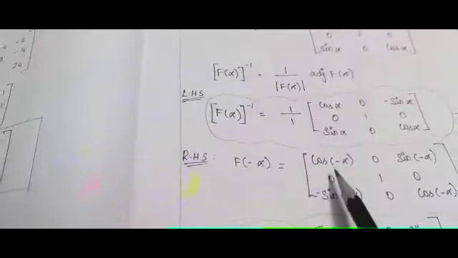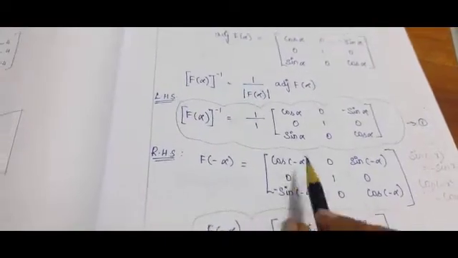In the trigonometric functions, sin minus x can be written as minus sin x; the minus comes at the beginning of the function. But cos minus x becomes cos x, because cos always brings positive values and sin always brings negative values.